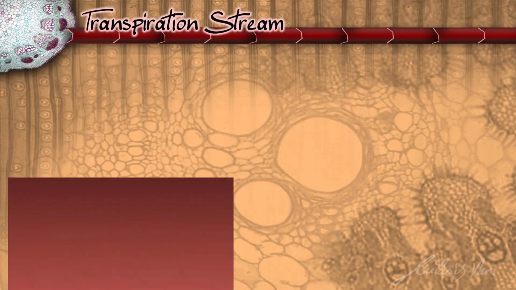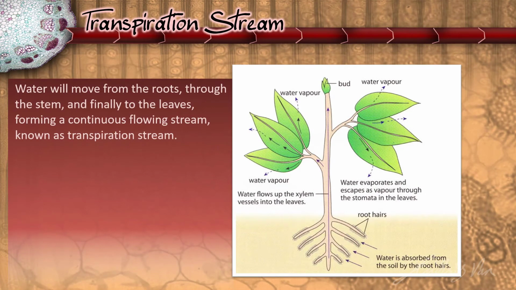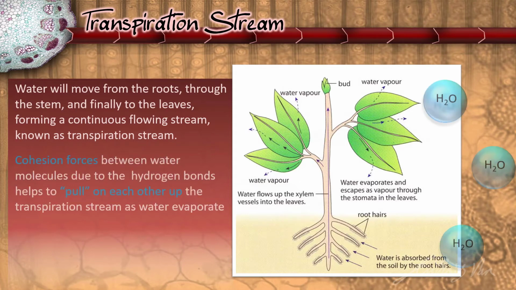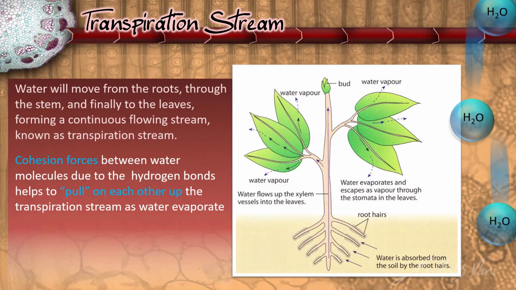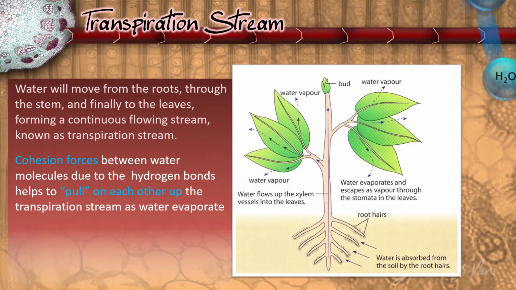Hence, water will move from the root through the stem and finally to the leaves, forming a continuous flowing stream. And this stream is known as the transpiration stream. The cohesion force between the water molecules due to their hydrogen bonds will help to pull or suck each other up the transpiration stream as the water evaporates.